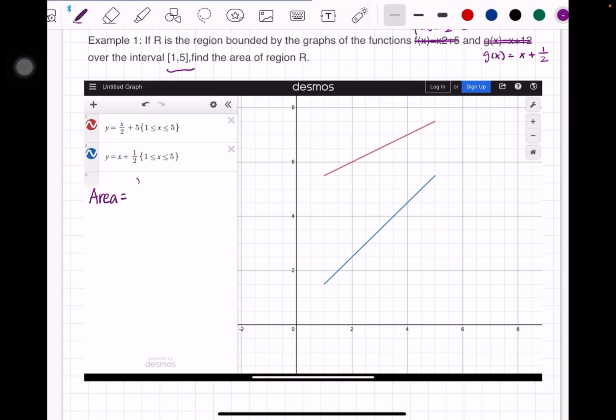So the area is equal to the integral from 1 to 5 of the top function, x over 2 plus 5, minus the bottom function, x plus 1 half, dx. So that is how we set it up. After that, we can just go ahead and calculate the integral.